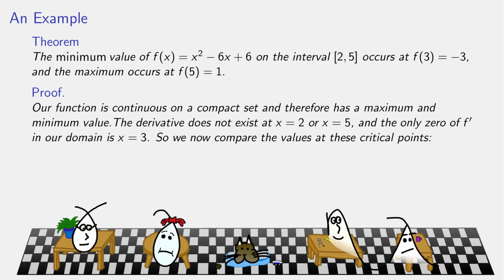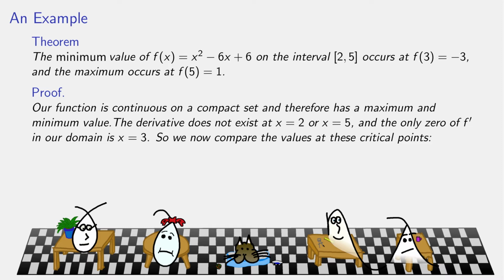However, when we compute the derivative of x squared minus 6x plus 6, it only has a single 0, and that's at x equals 3, which happens to be inside our domain. Okay, 3 is in between 2 and 5. So what are our critical points? There's a single point where the derivative is 0, x equals 3. Also, there were 2 points where the derivative didn't exist, 2 and 5.